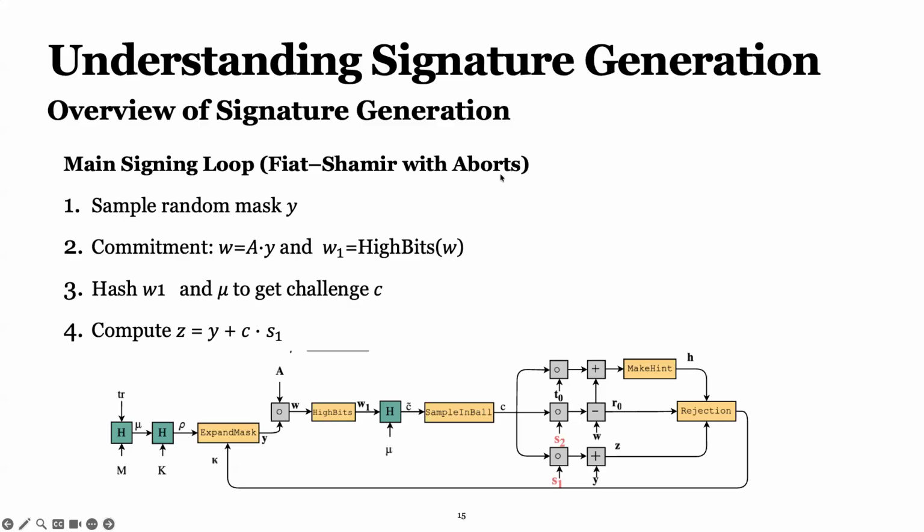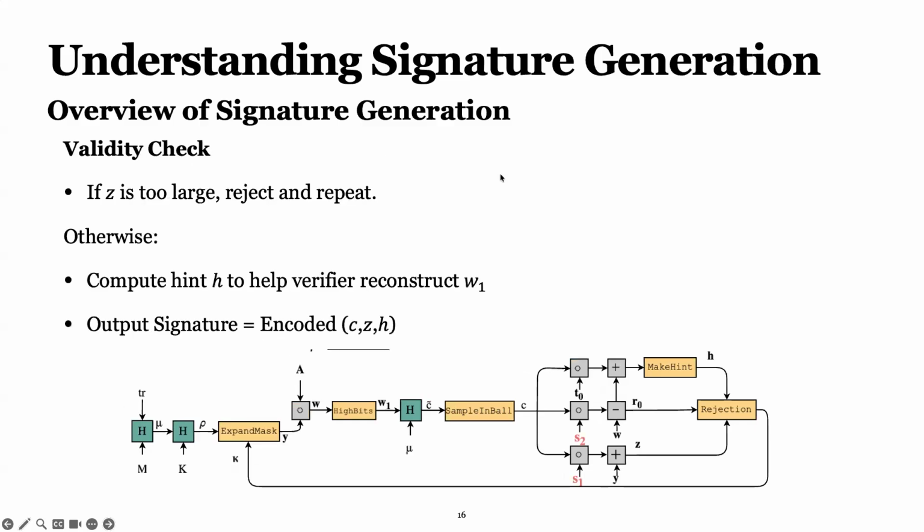C is coming from the message, S1 is already the secret key, and with this computation it gives us our signature. It's some kind of mathematical magic happening, but I'm not going to go into that much detail of the math part. I will talk more about implementation.